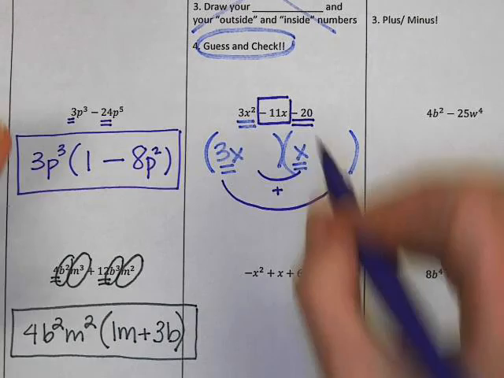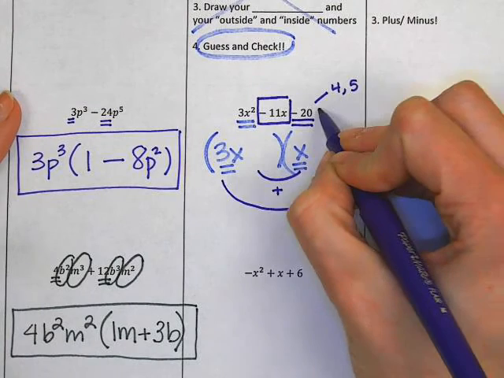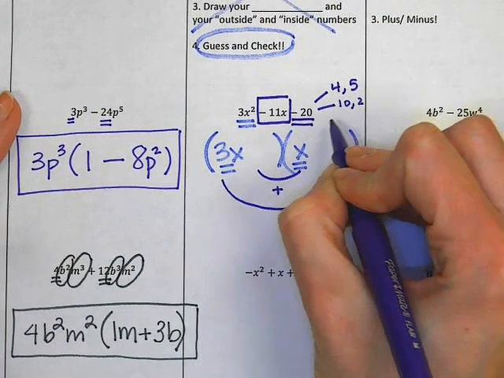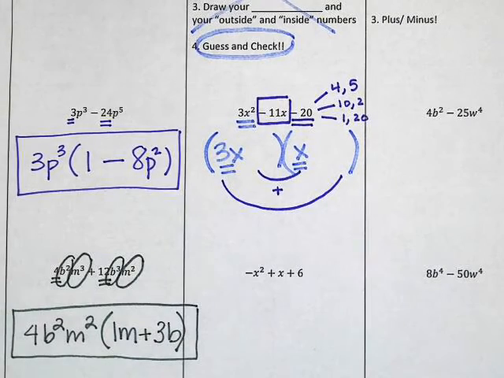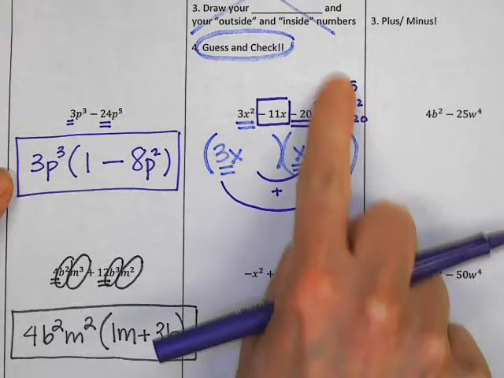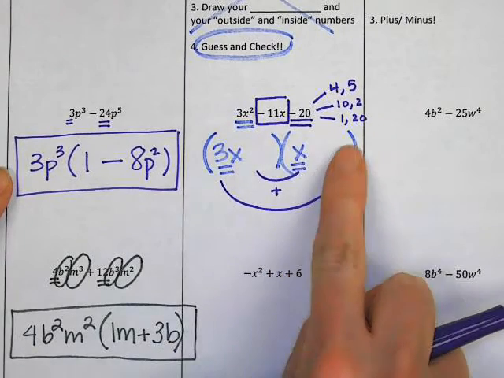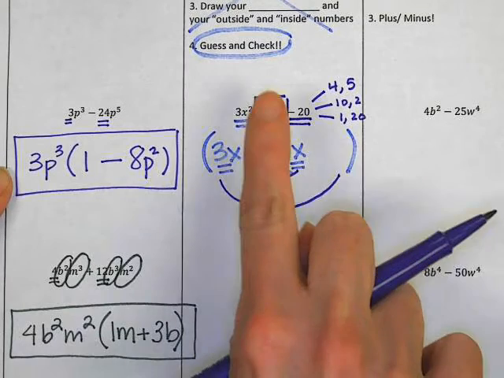All right, so some options for 20. It could be 4 and 5. It could be 10 and 2. It could be 1 and 20. I think that's it. So play around. One of them has to be negative. What should go where? The inners plus the outers add to negative 11.